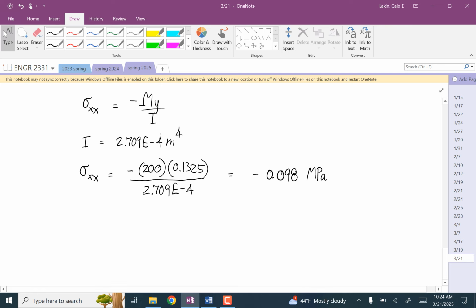Okay, so the stress tensor due to bending is negative 0.098. Got zeros here.